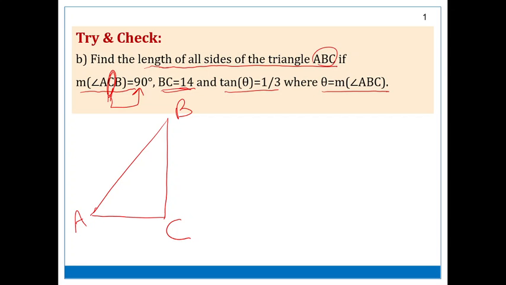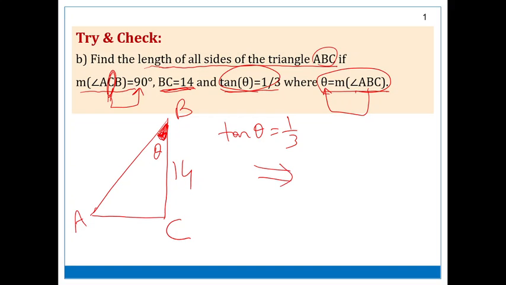So BC is 14, and theta is ABC, so theta is the B corner, so it will be theta here. And tangent theta is given, it's 1 over 3. So it's asking what is AB. So the length of all sides, AB, BC, and AC.